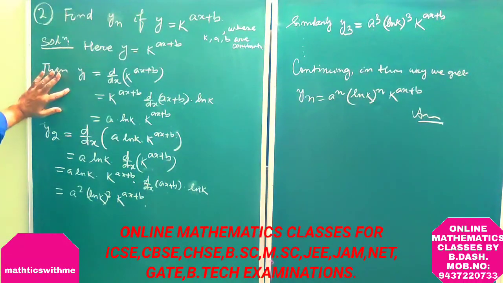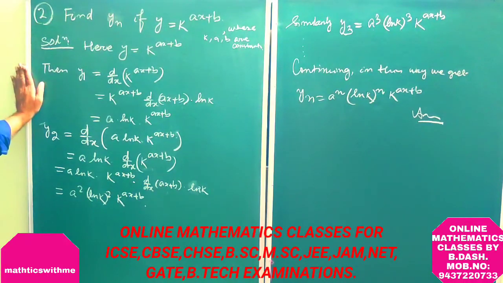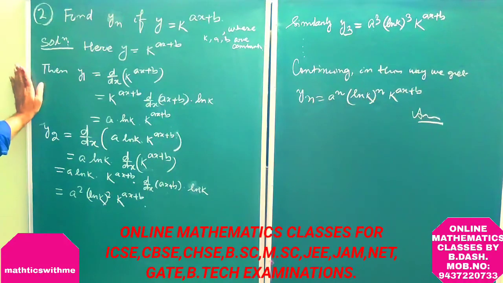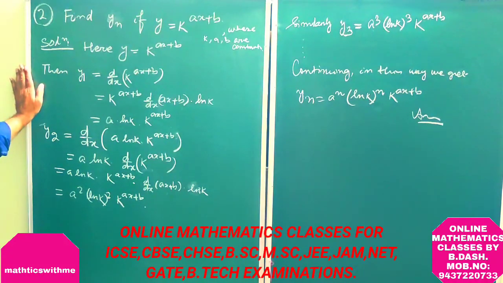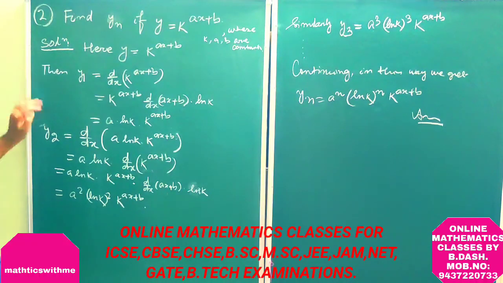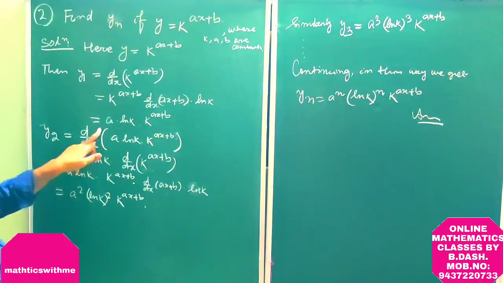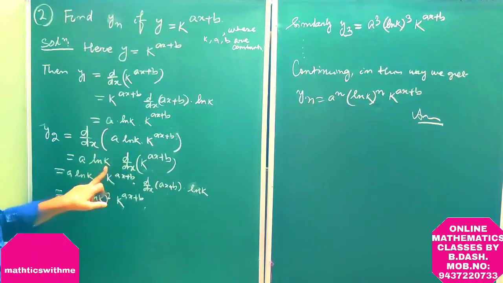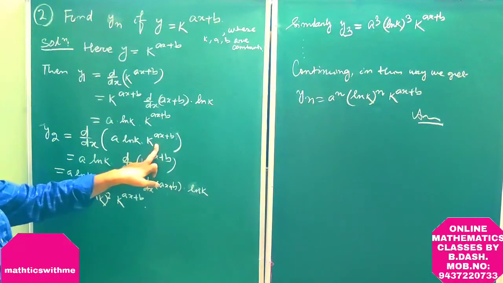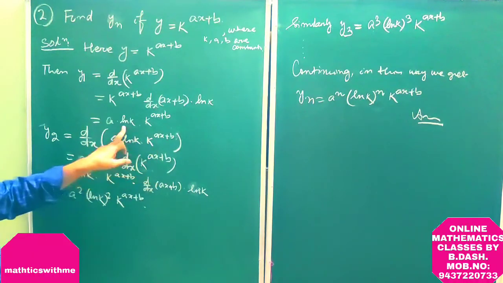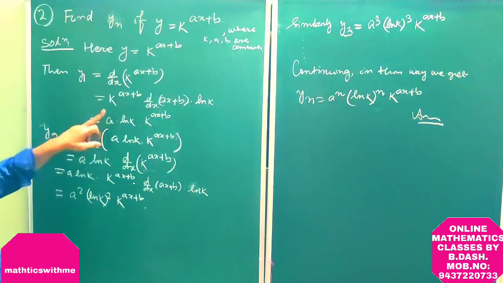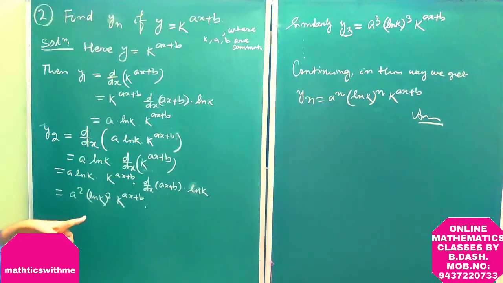The first derivative y1 is equal to the derivative of k to the power ax plus b, which is k to the power ax plus b, the derivative of ax plus b, into ln k, that is a ln k, k to the power ax plus b. Now the second derivative y2 is equal to the derivative of this expression. a ln k is a constant, and the derivative of k to the power ax plus b is again a ln k, k to the power ax plus b.